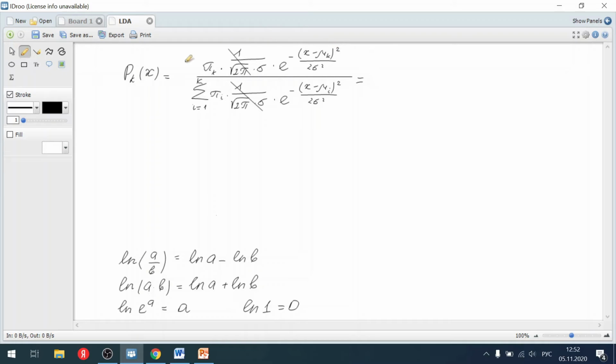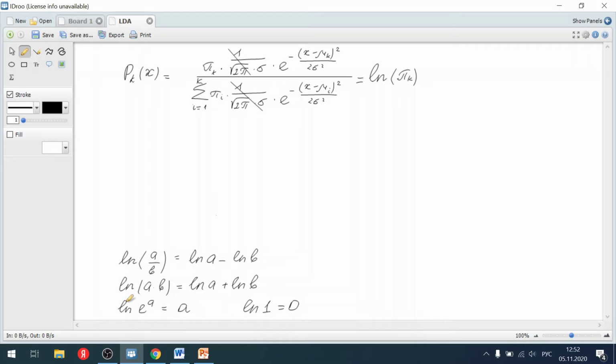First of all, we work with the numerator. Here we have a product of two expressions. We can rewrite it as logarithm of pi k. Then we can change this product into a sum of two logarithms.